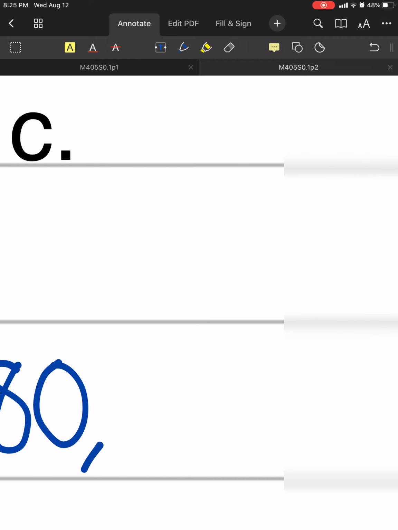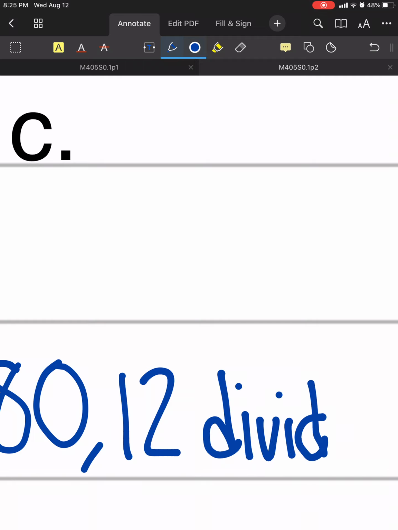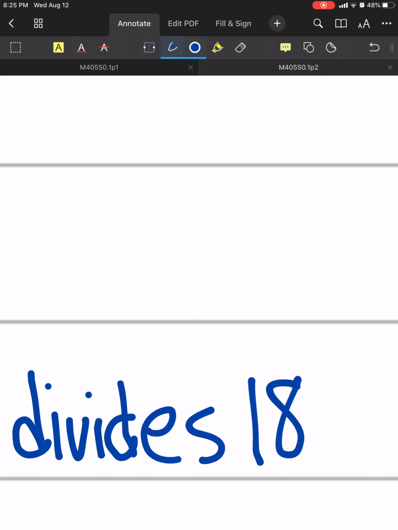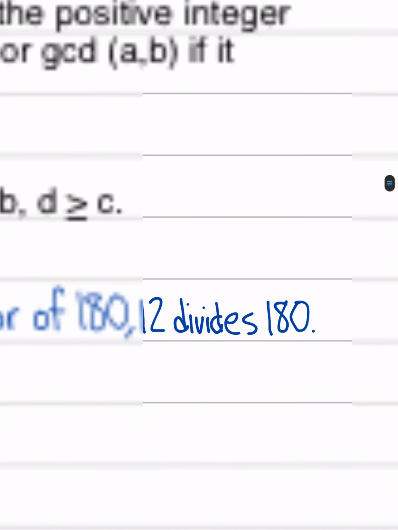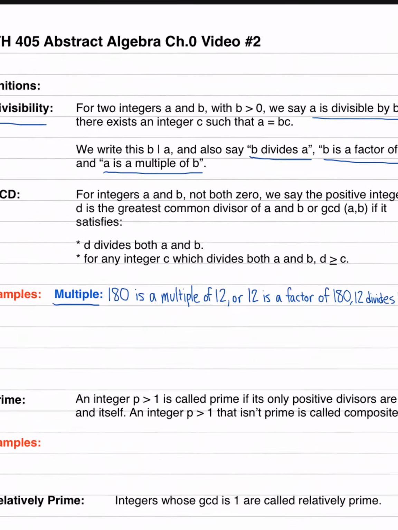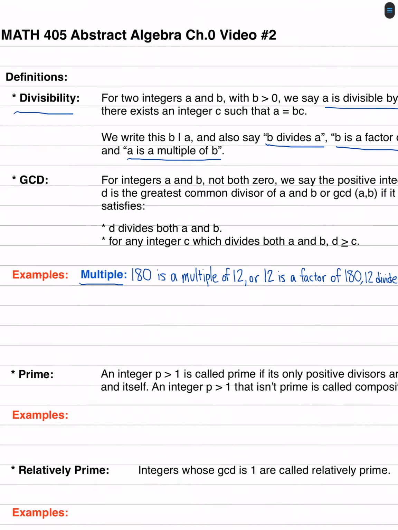Or, in other words, 12 divides 180. Okay, so those are some examples of what we've got here. 180 is a multiple of 12. 12 is a factor of 180. 12 divides 180. We also use this little notation up here. You can see B vertical bar A. That means essentially B divides A. That's the way we phrase that.